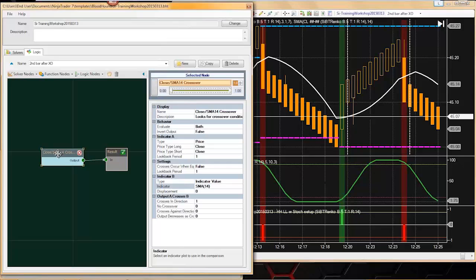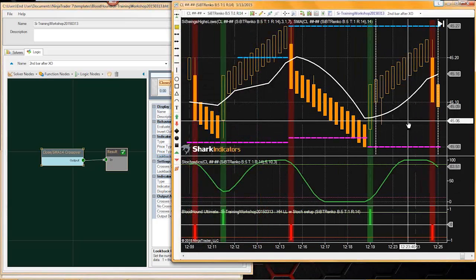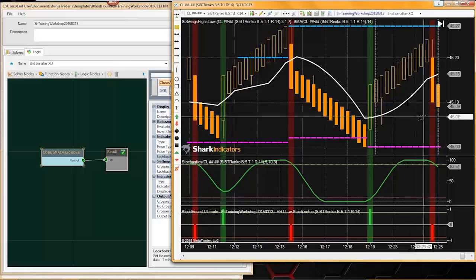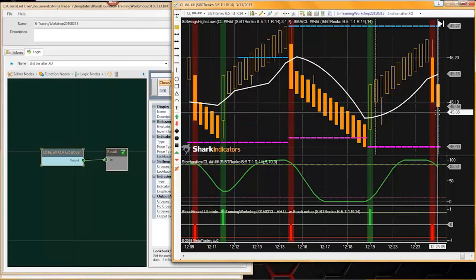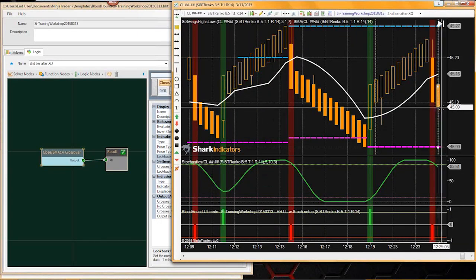So let's see. Yeah, so what we're going to do is we're actually going to look back to the previous bar. So let's just say the bar here on the far left, that's our second bar.